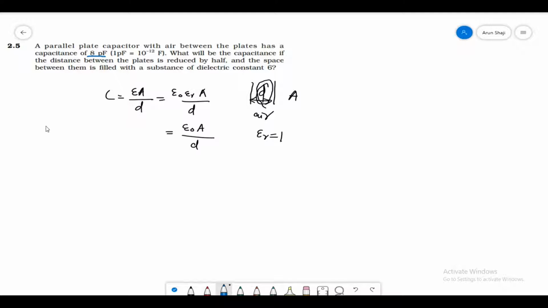So now we are finding the new capacitance. The distance is reduced to half compared to the previous one.